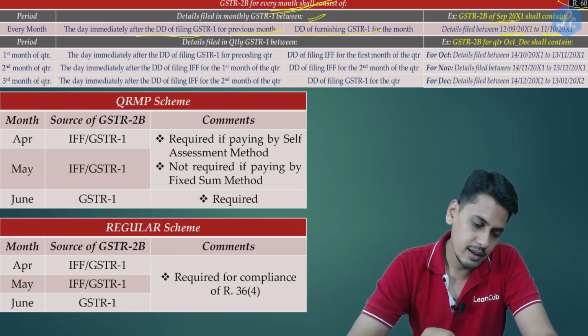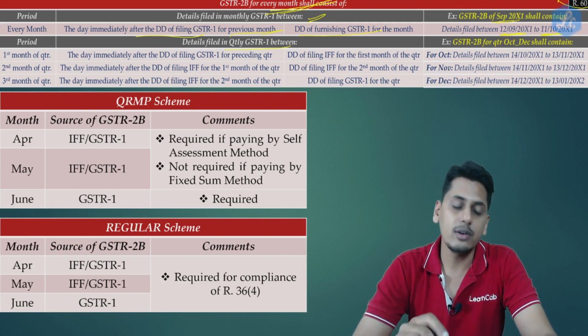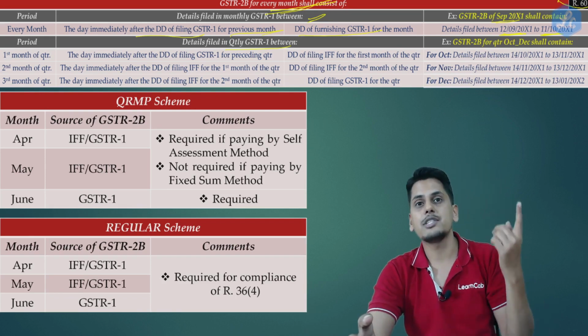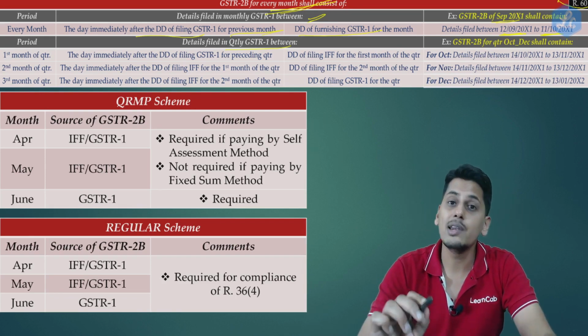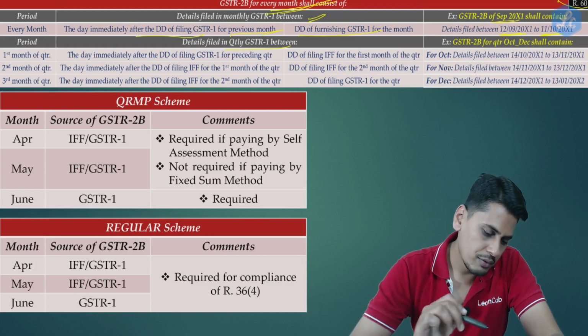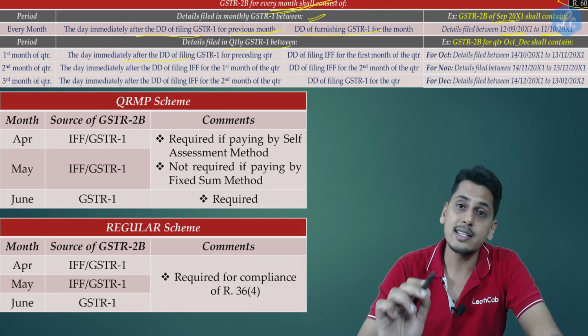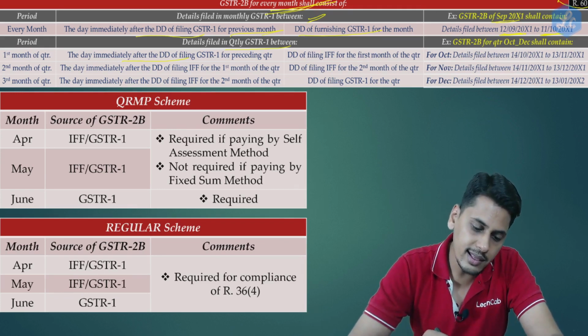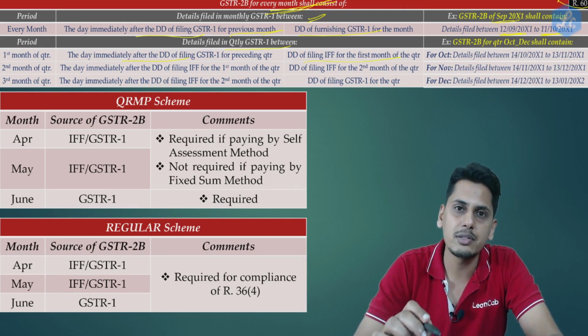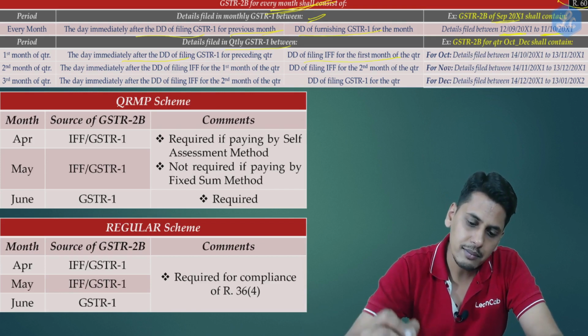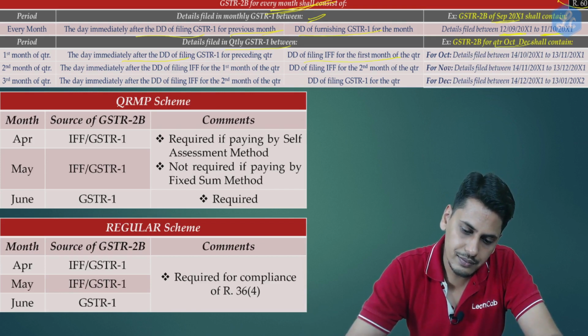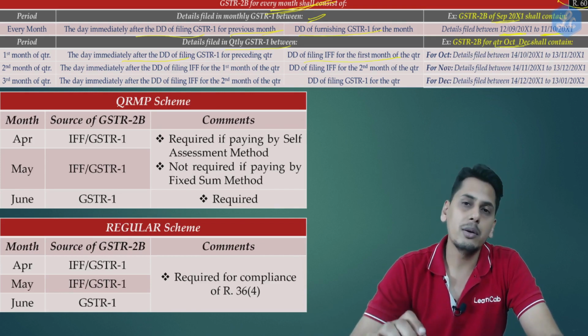The next one, the details filed in GSTR 1 quarterly. If my supplier is filing quarterly GSTR 1, then what would the cycle look like? For the first month of the quarter, the day immediately after the due date of filing GSTR 1 of the preceding quarter till the due date of filing IFF for the first month of the quarter. Say for example, GSTR 2B for October to December.